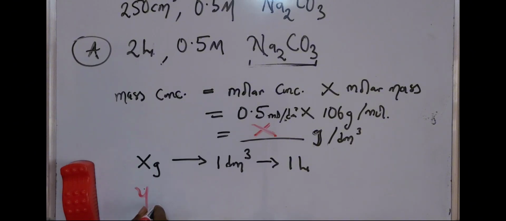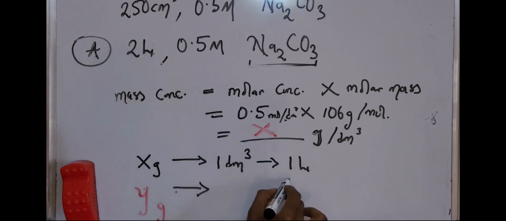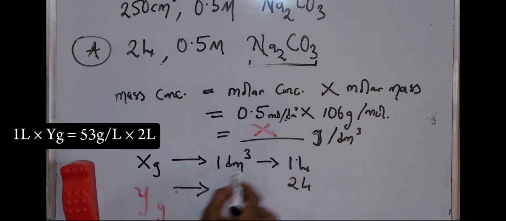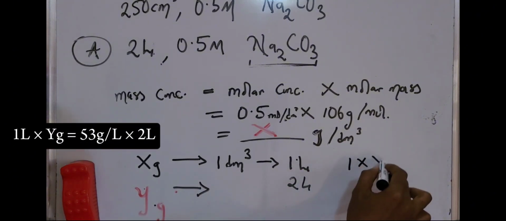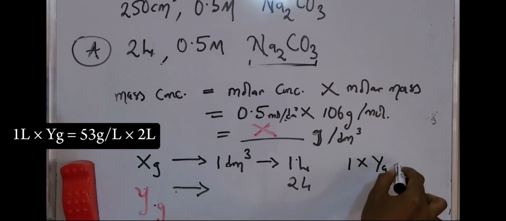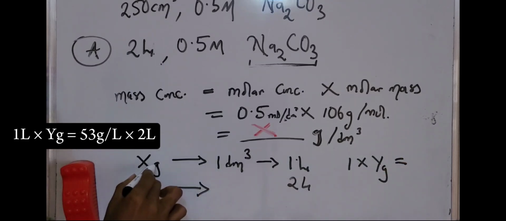Now, how much is what I don't know, y gram, will be in 2 liters. So I'll come here, I'll put 2 liters. So that means I'm going to multiply 1 by y gram. So it's going to be 1 times y gram, equal to x gram.